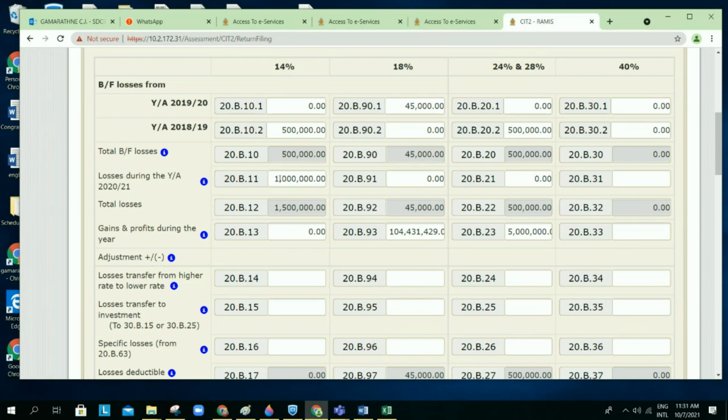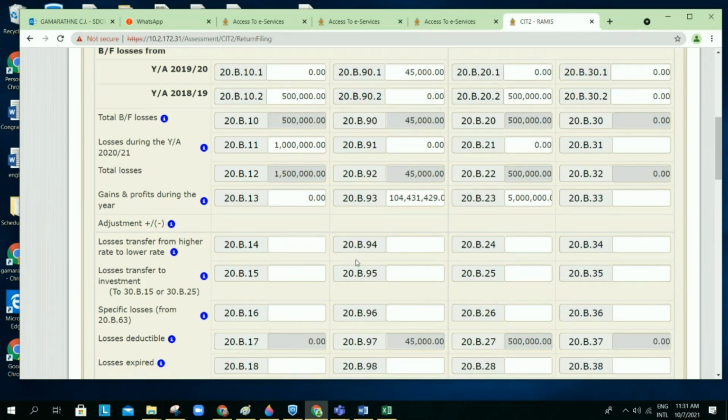Then during the year losses, as per our example, we have during the year losses mentioned here, and the total loss comes as 1,500,000, and likewise. Okay. Then gain and profit.